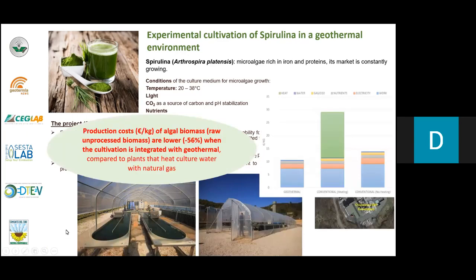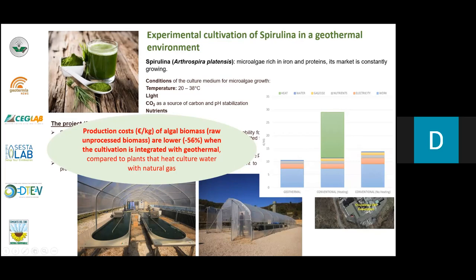Here, as you can see in this graph, the production cost of the algal biomass, the raw unprocessed biomass, is lower by about 60% when the cultivation is integrated with geothermal.